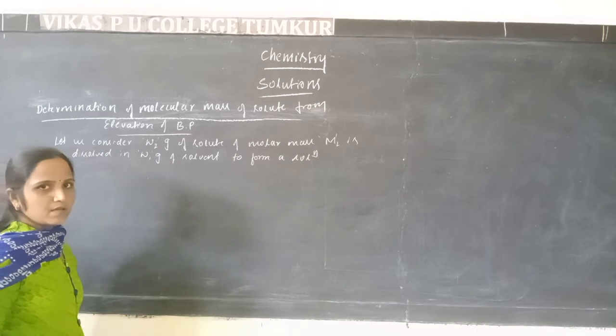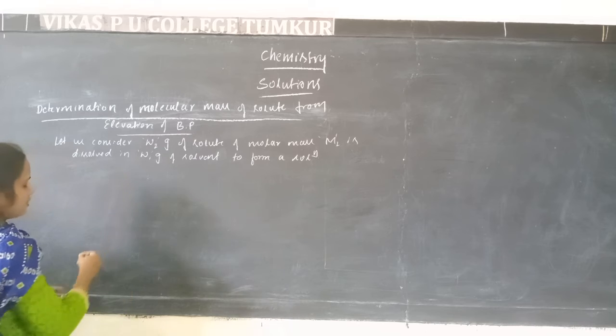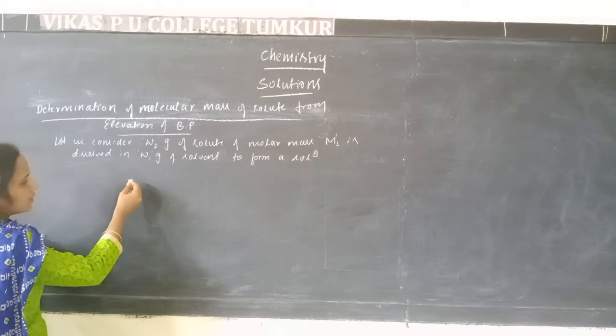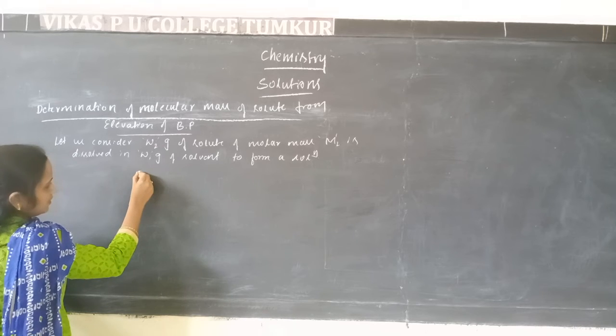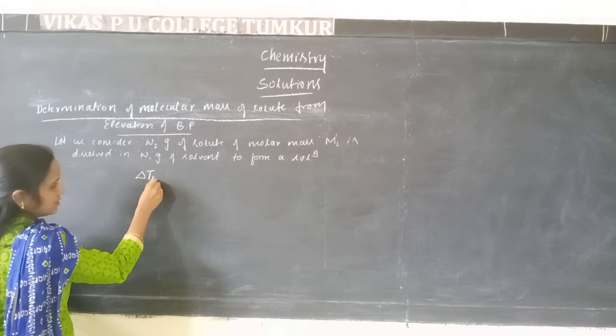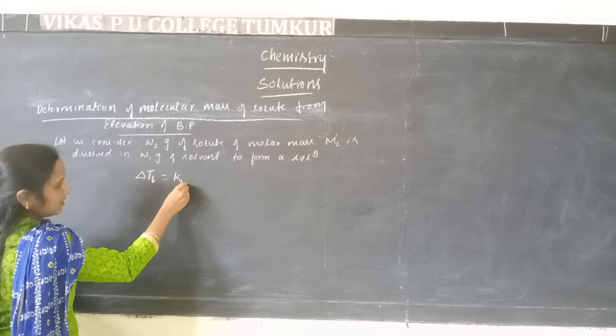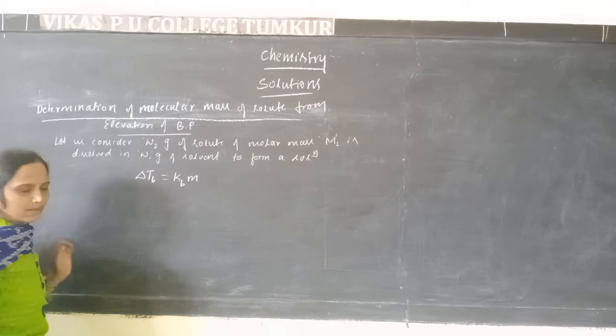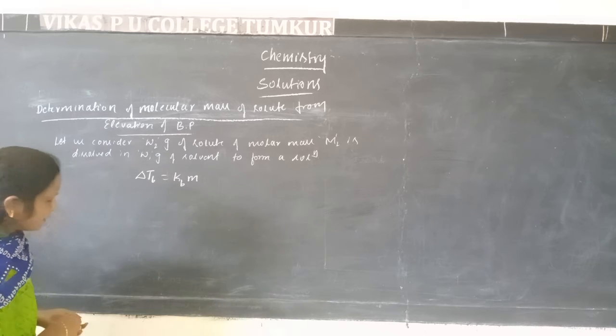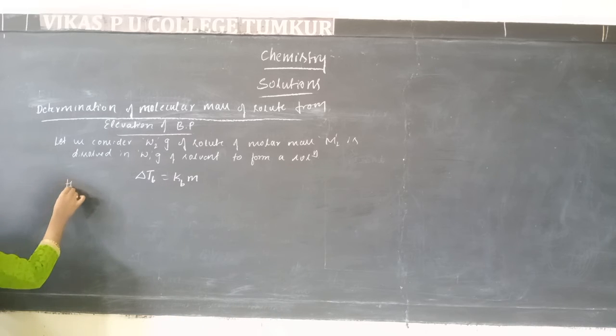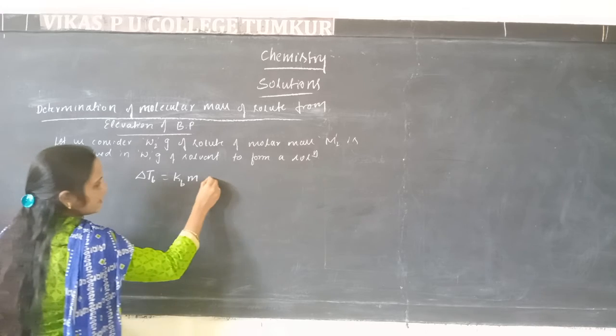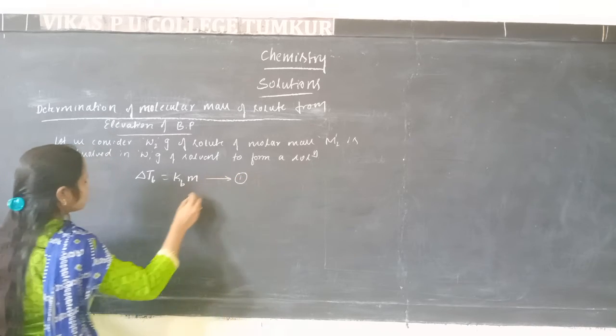From the elevation of the boiling point, we know that delta TB is equal to KB into m, where m is the molarity of the solution. Take this as equation 1.